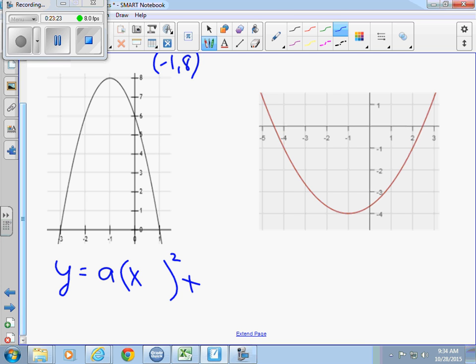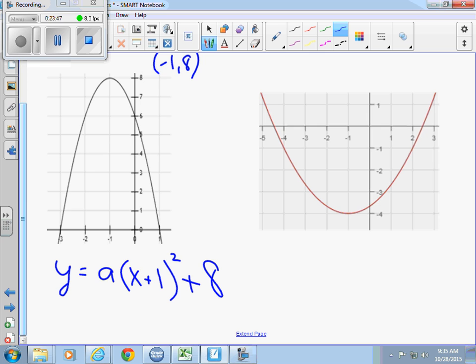So it's minus -1, which is +1. Always the opposite sign of the x value of the vertex. Plus k. Good. Everyone see how we got there so far?